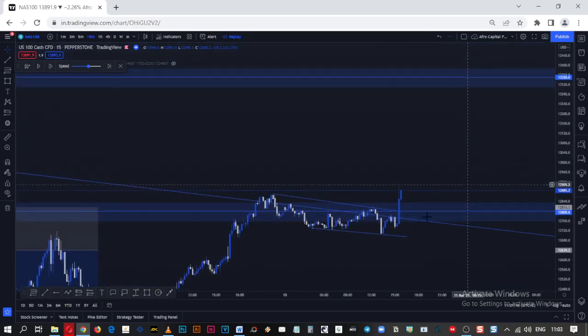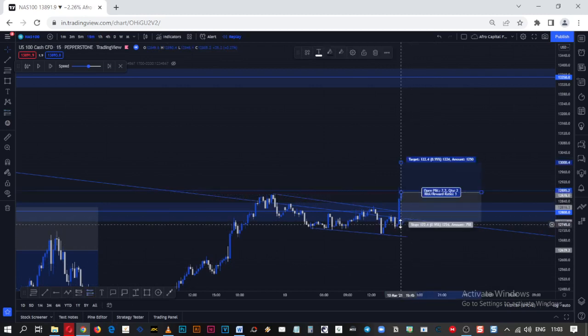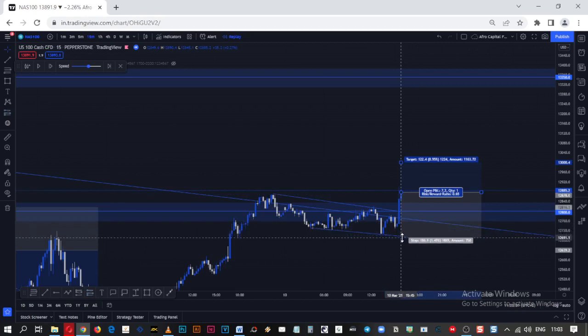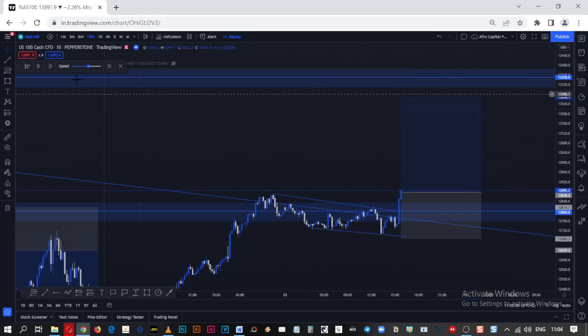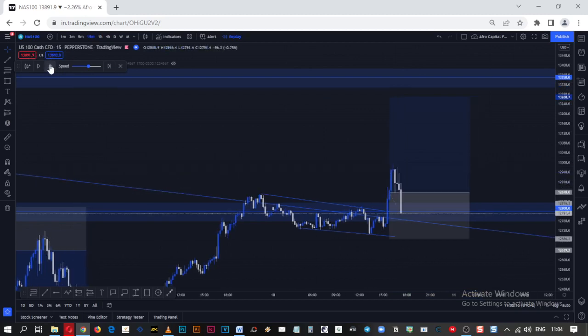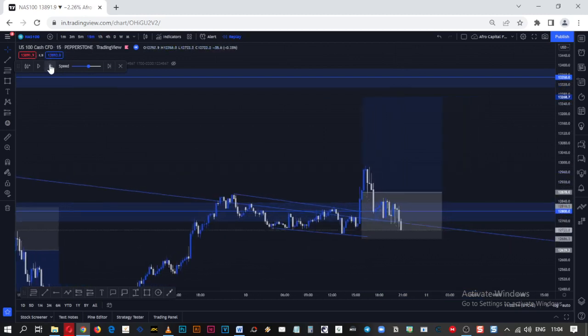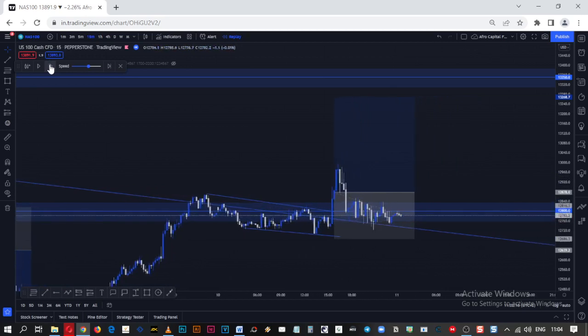Do we wait for a retest? No, we do not wait for a retest, because price has basically shown impulse, bullish momentum. This is your entry. Stop loss beyond your low. And then we go. We have done all we can.